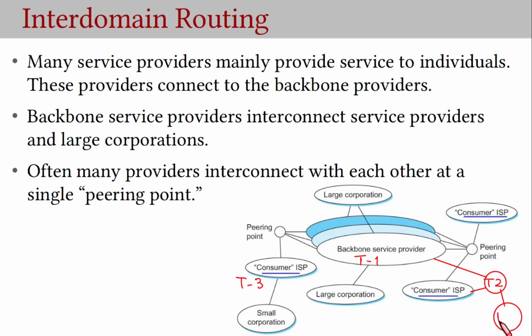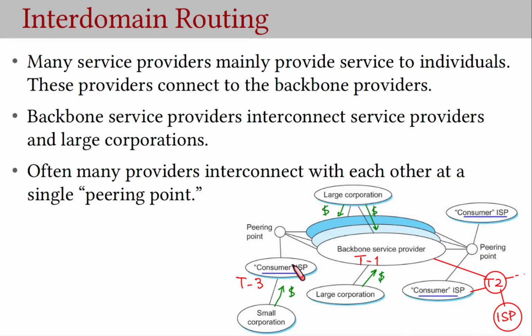So this is another tier 3 ISP, and so on. So a small corporation would pay to the consumer ISP. This also pays to the backbone provider, and this pays to these two backbone providers, and so on, right?